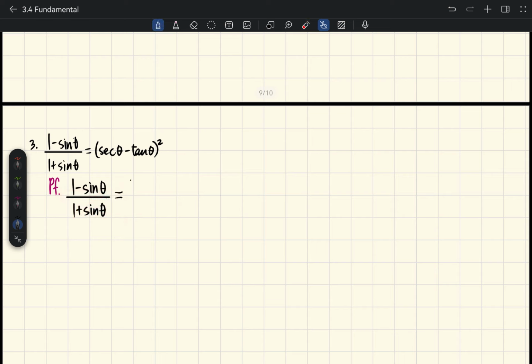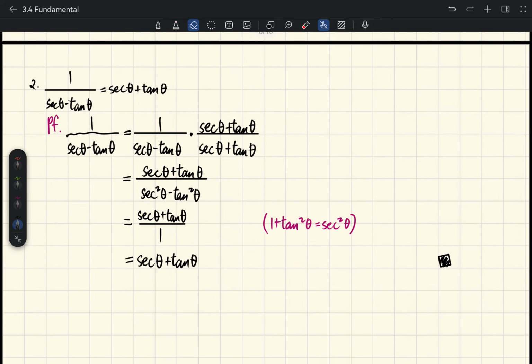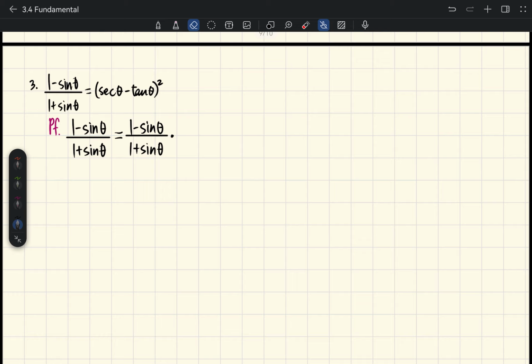So maybe we can do the same dirty tactic, which is to multiply the numerator and denominator by the same thing. So usually what we want to do is to have a difference of two squares in the denominator. So maybe we can try and multiply the numerator and denominator by 1 minus sine theta.